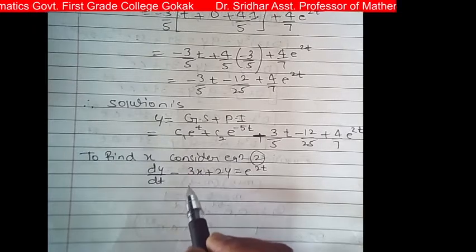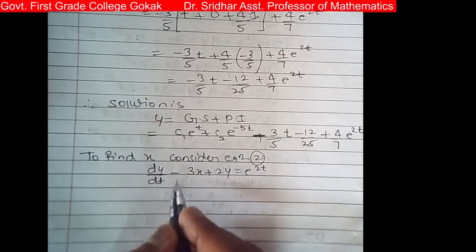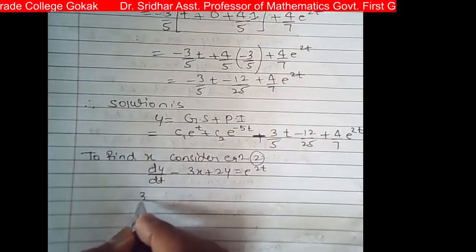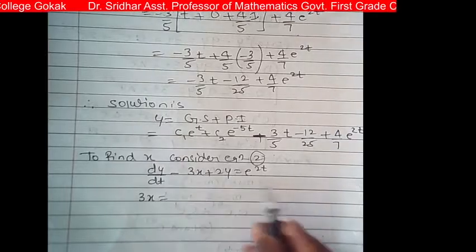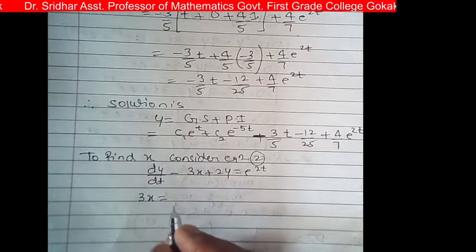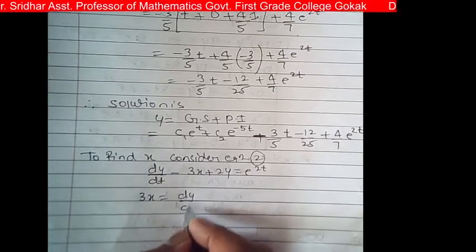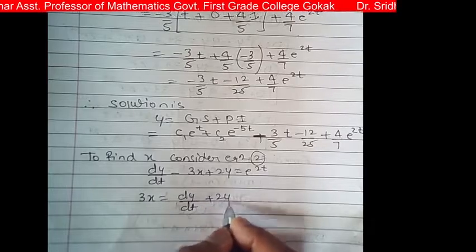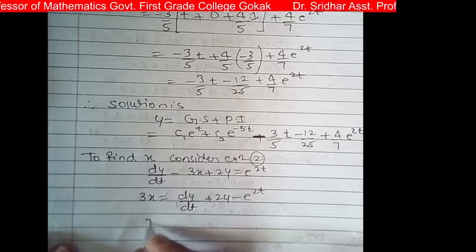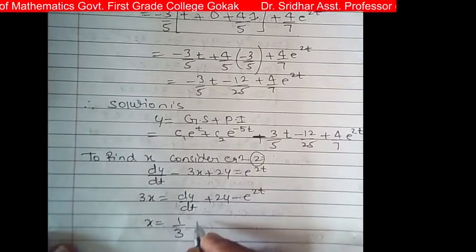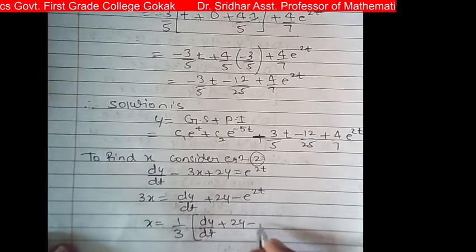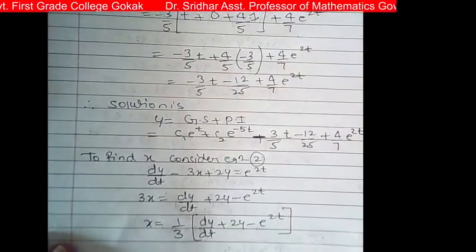Now already we have the y value. So from this equation we calculate the x expression. Bring this 3x to the RHS and send this e raised to 2t there. So 3x is equal to dy by dt plus 2y minus e raised to 2t, or x is equal to 1 by 3 into bracket dy by dt plus 2y minus e raised to 2t.